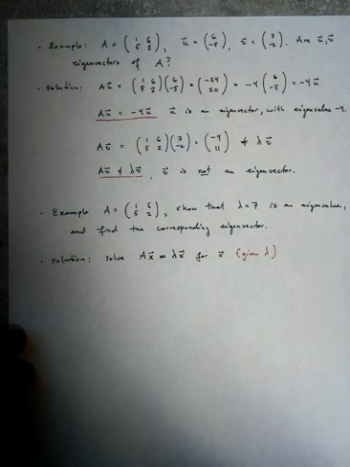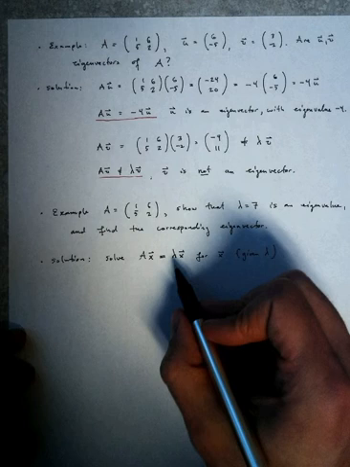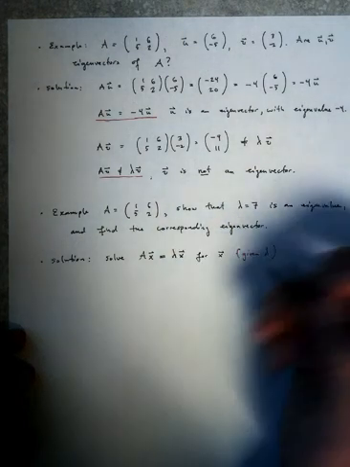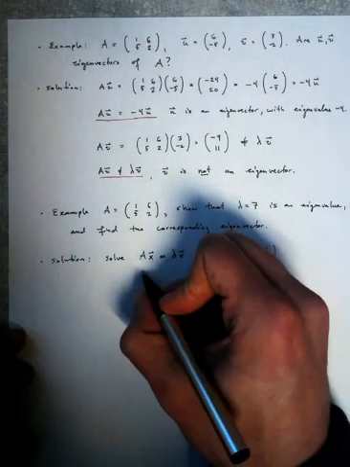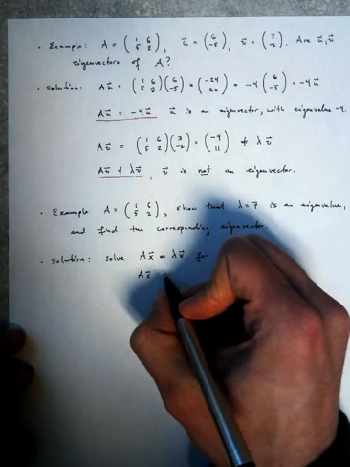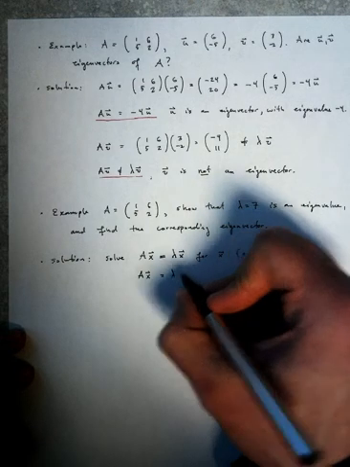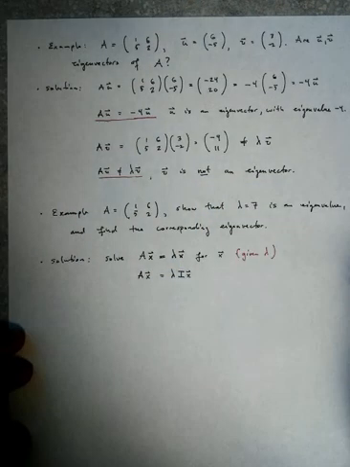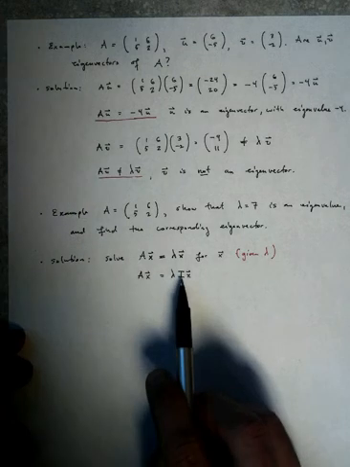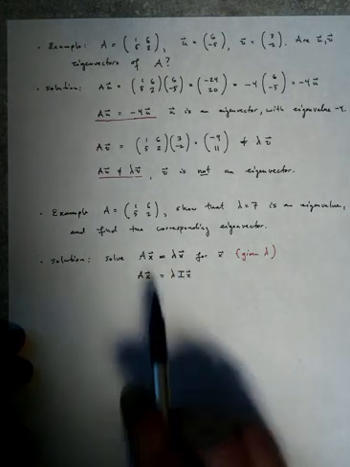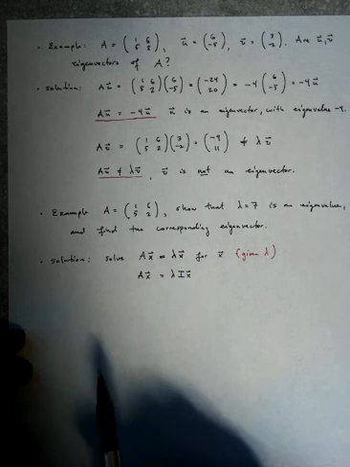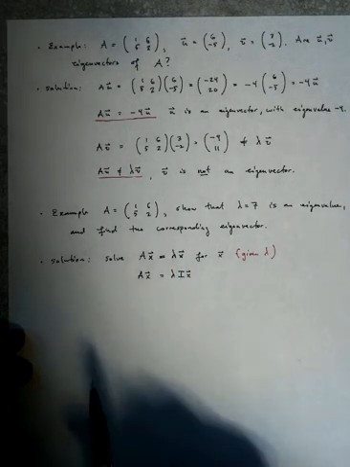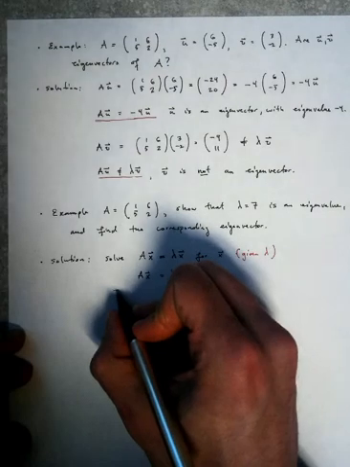Here's how to do it, and it's a little bit tricky. The trick is that x is the same thing as the identity matrix times x. Let me write that down. The reason is that the identity matrix doesn't change x. Now I can move everything over to the left side.